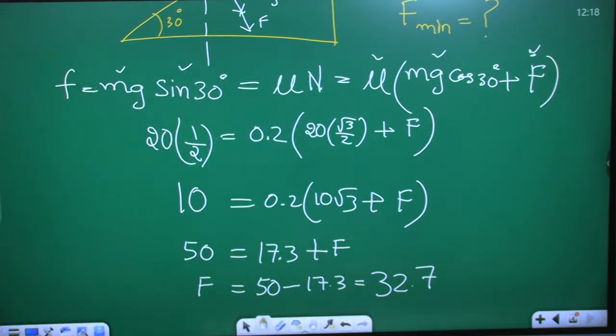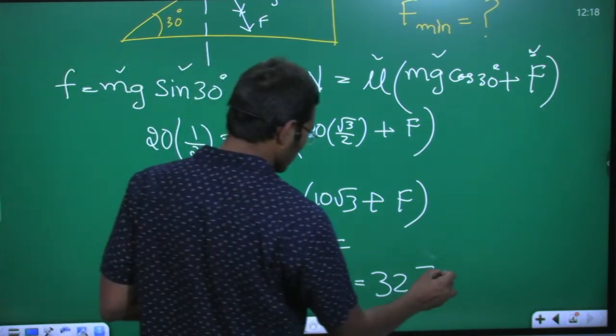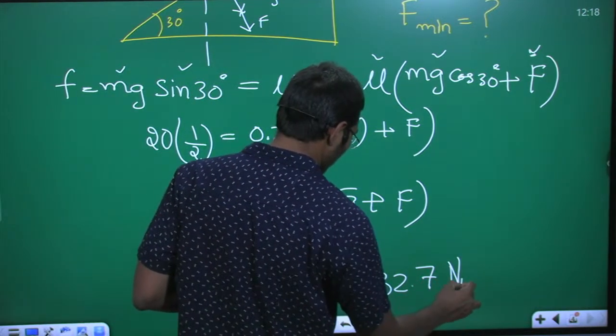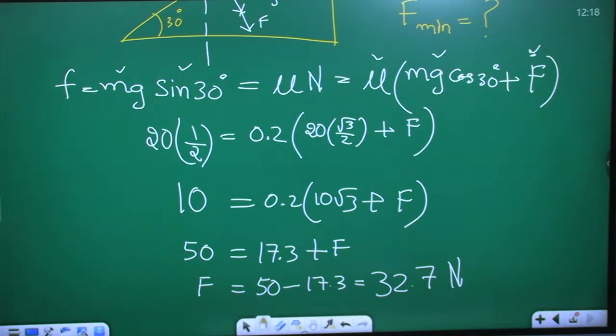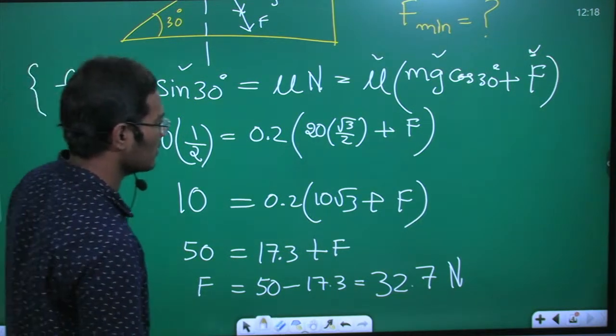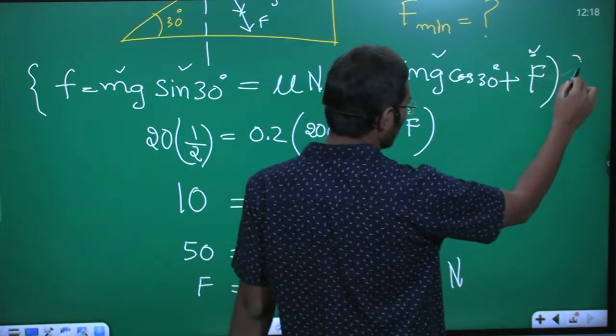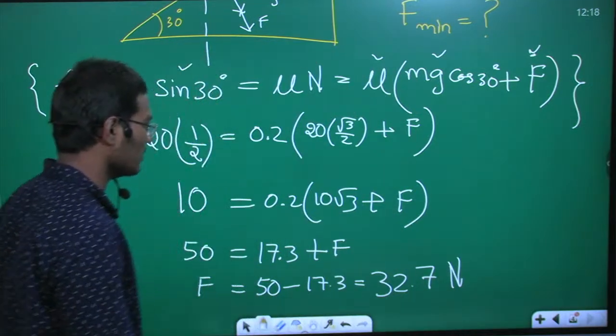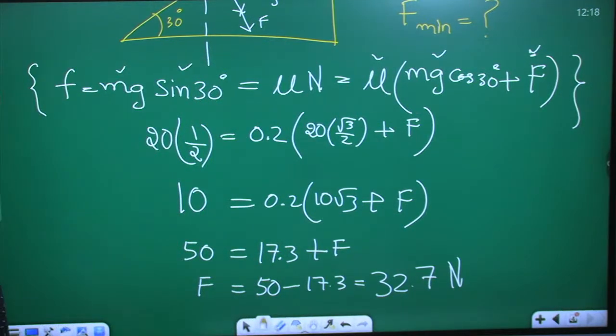So hope we have this, yes, we have this option as well. So this is how we try to solve the question. So if you can frame this equation in the first attempt, you are done. Remaining part is just calculation. Hope you got the question.